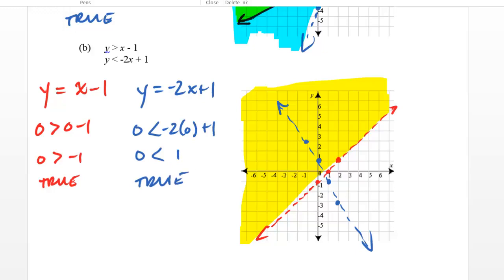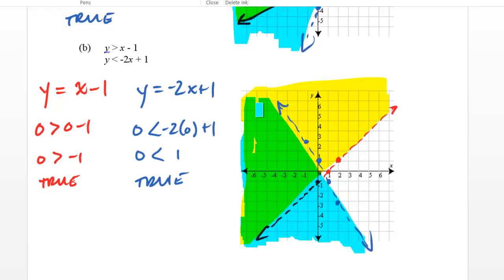This is also true for the point 0, 0. And so you can now see the green area is the solution to this. Okay, so hopefully you did well on that. And remember, you can always check both of these on your calculator as well.